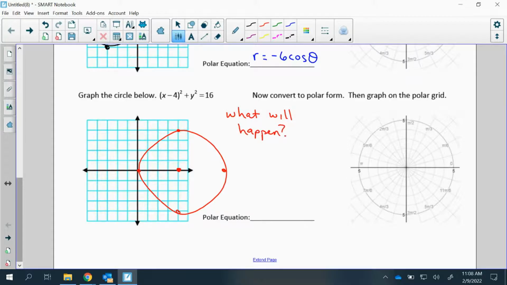And my narration is a little bit ahead of my writing since I didn't have a microphone when I was writing it. r equals 8 cosine theta is my polar equation, and it would end up looking the same on the polar grid as it did on the rectangular grid, except it's going to run off our page.